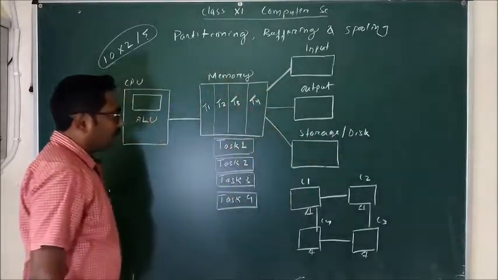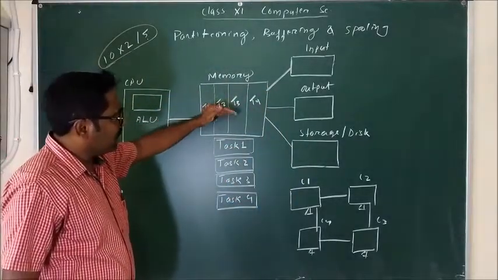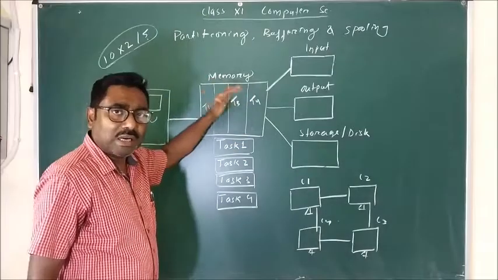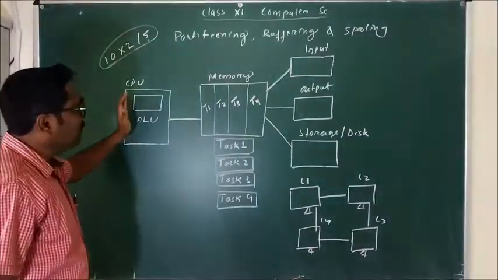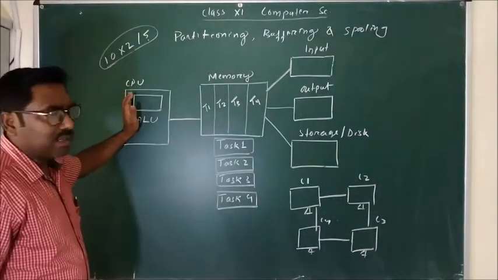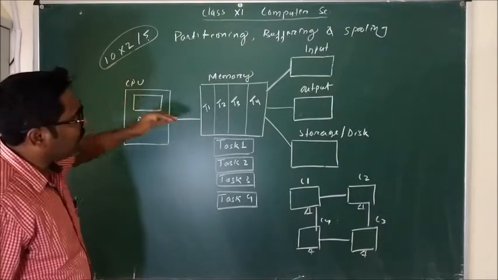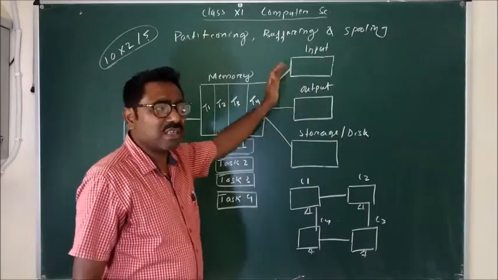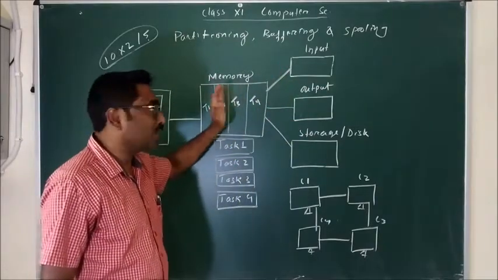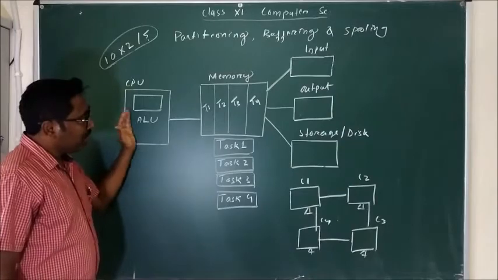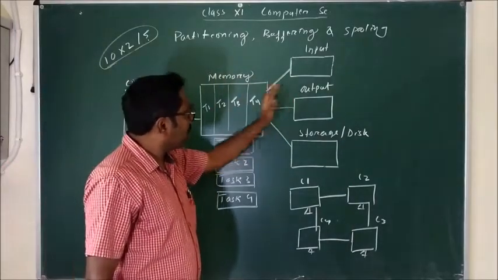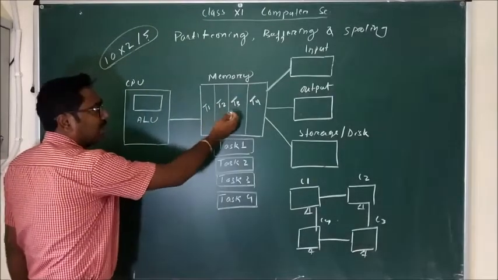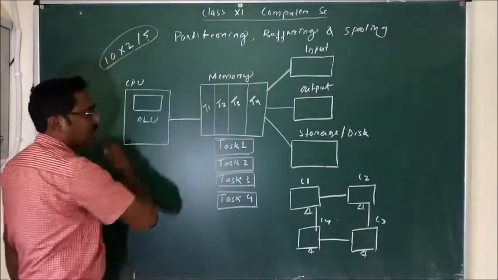So these 4 partitions store 4 tasks simultaneously, so that whenever the CPU needs to execute any task, it will not directly interact with the input device, output device or the storage, because these are much slower than the memory. Memory is slower than the CPU, but these devices are even slower than the memory. So from the memory it can take any data, any task, and execute it.